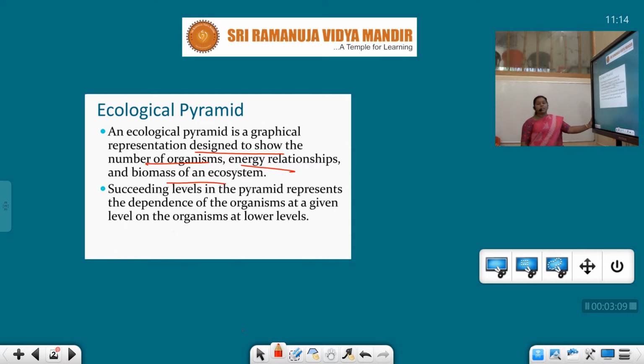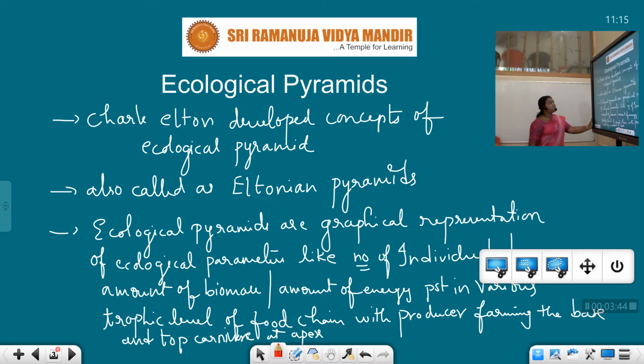This ecological pyramid gives information about energy, number of organisms and biomass of the particular ecosystem. Succeeding levels in the pyramid represent the dependence of the organism at a given level on the organism at a lower level. This is the introduction part, students.